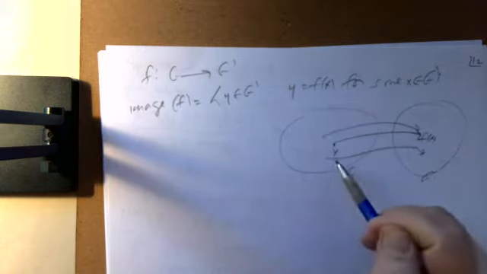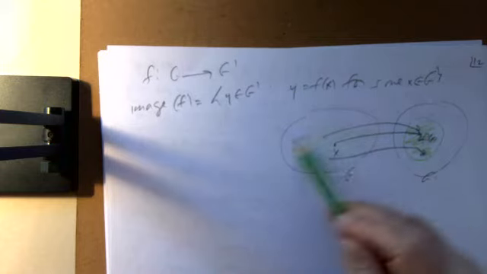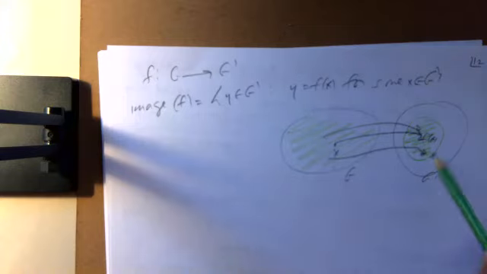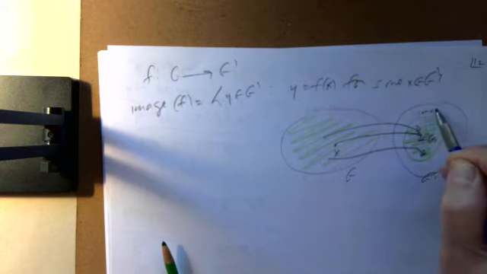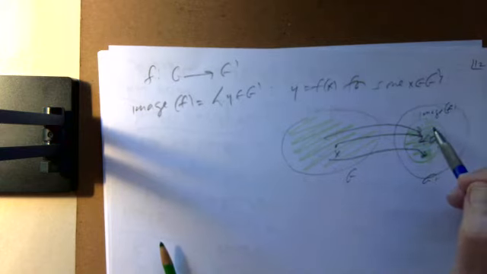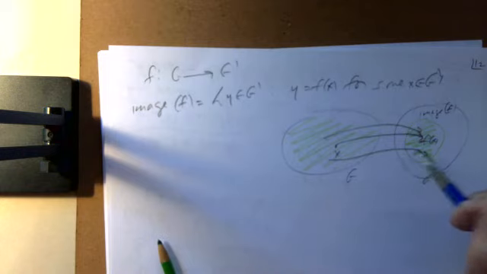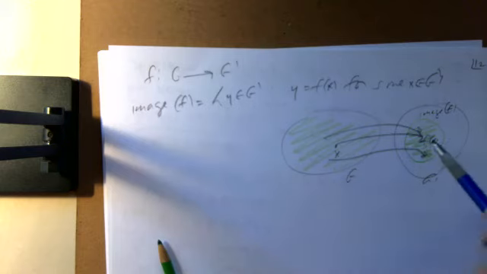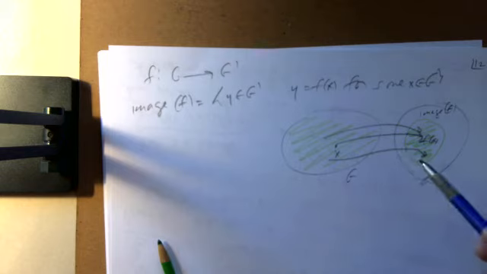Every element in G gets mapped to something over here, and you look at all of these images. That's some subset of G prime. This is what is called the image of f. It's just everything in G prime which comes from something in G. It's everything which is of the form f of x for x in G.